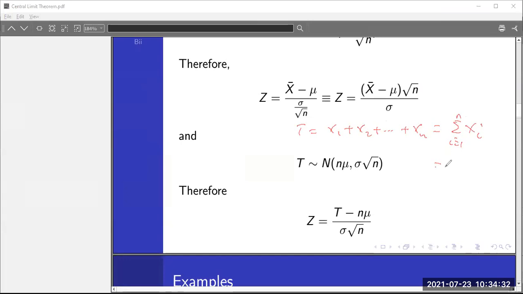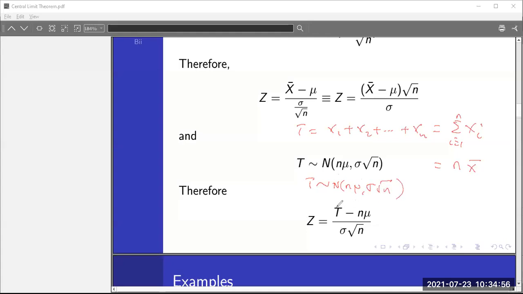So this one can also be given by n times x bar. So we're saying the total of n observed values from a given sample where n is large is approximately normal with mean n mu and standard deviation sigma times the square root of n.